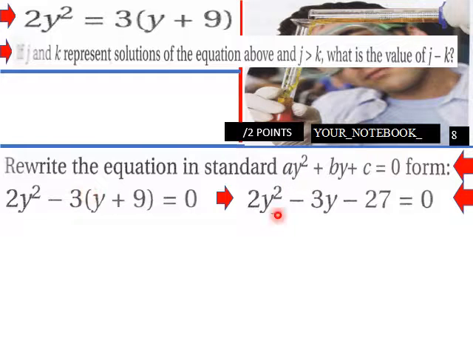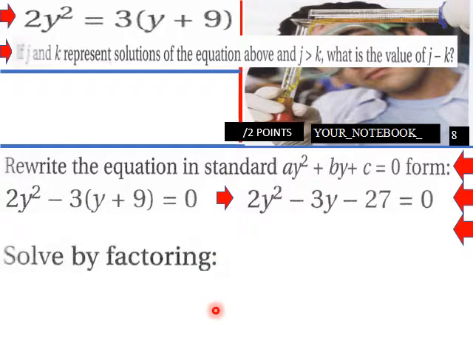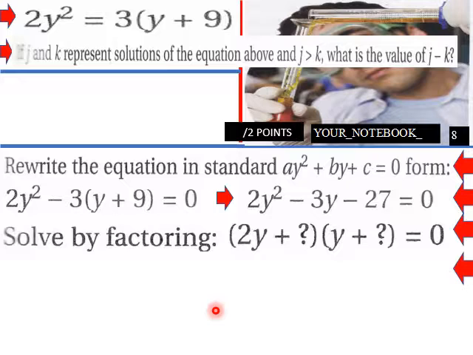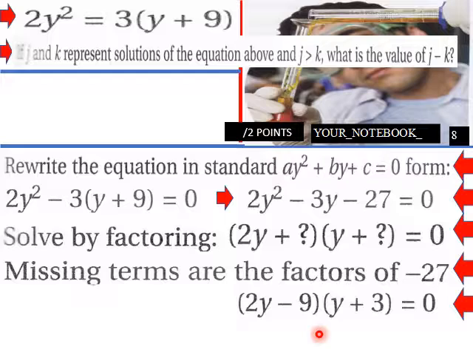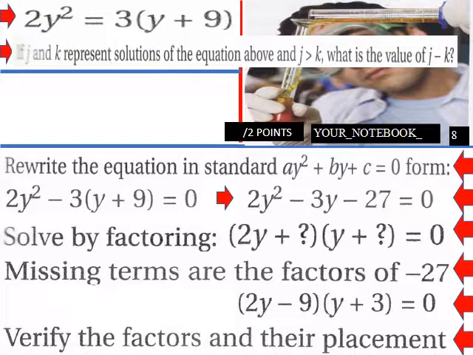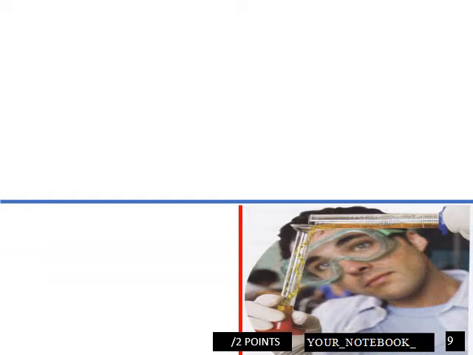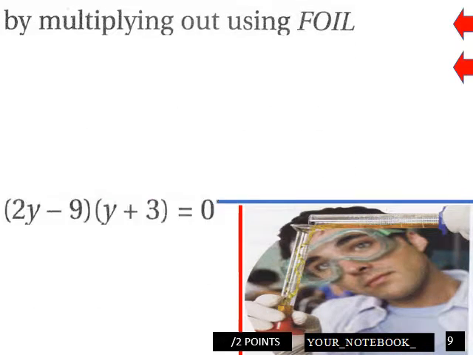And then when we expand this out, we have this here. Solve by factoring: (2y plus blank)(y plus blank). The missing terms are the factors of negative 27, so what could they be? We're going to try negative 9 and 3. We have to verify if those two are correct.